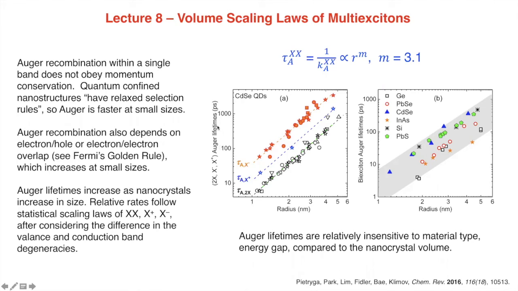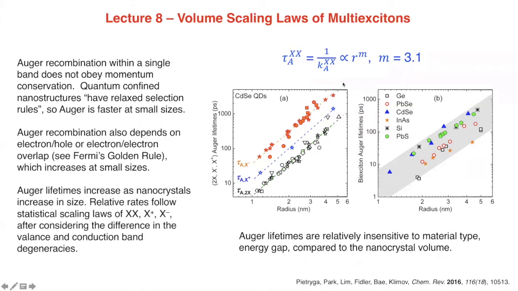So these are orders of magnitude faster than just radiative recombination. In any case, the larger the particle, the slower the Auger recombination. But notice how very reliably the difference between the negative, positive, and biexciton recombination times evolve. They're all the same here for all of these different materials.